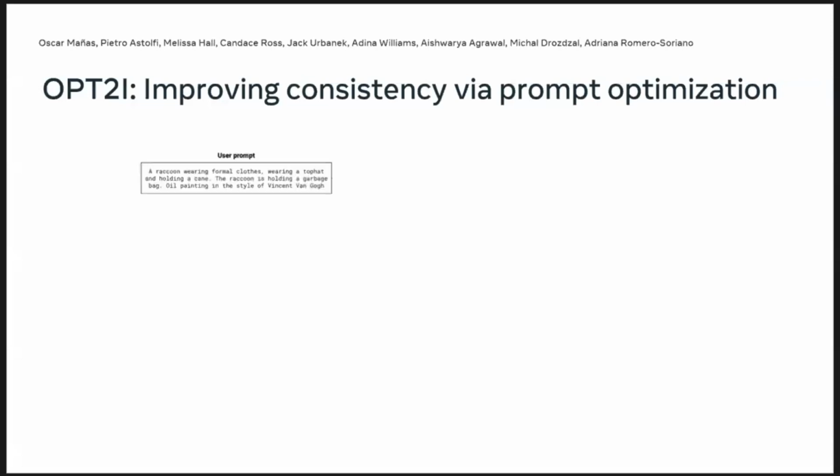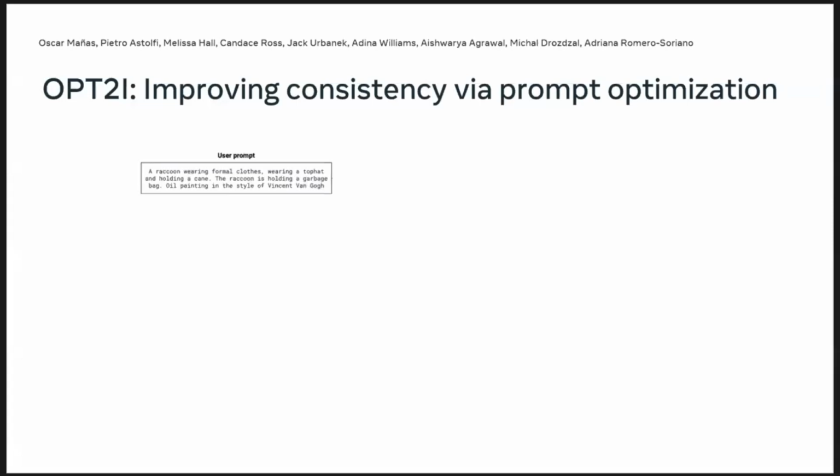What we explored here in order to improve consistency is improving consistency via prompt optimization. So what do I mean by that? We start with a user prompt, like the one shown on the slide, which is a raccoon wearing formal attire, wearing a top hat and holding a cane. The raccoon is holding a garbage bag, and this is an oil painting in the style of Vincent van Gogh.